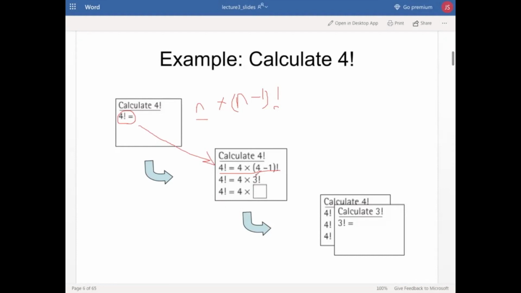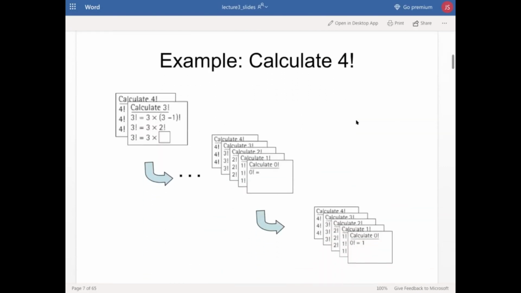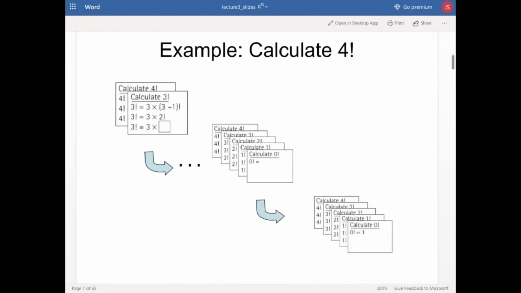So this leads to the bottom line here. 3 factorial itself is another computing card here. 4 factorial has a smaller portion of it, and this recursion is 3. If you move down to 2, you're going to see that 3 factorial itself consists of 3 times 2 factorial. So if this moves on, we'll be calculating these cards.